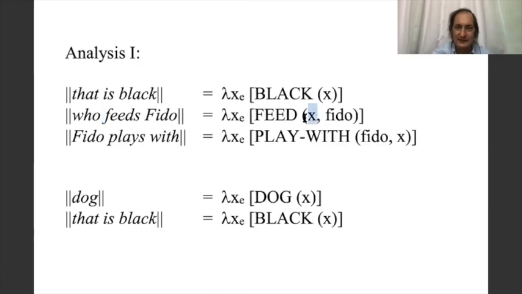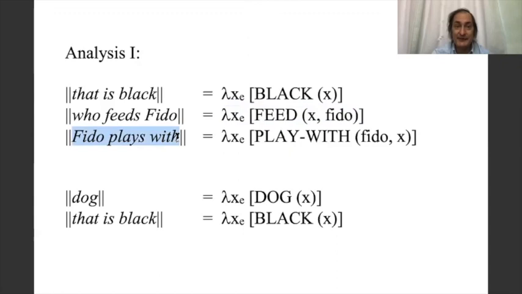Okay, so that is going to be a variable, X, and that's going to be bound by this lambda X here. The lambda X is essentially the work of the word "who," but we're just going to ignore that. So we got lambda X, feed X Fido.